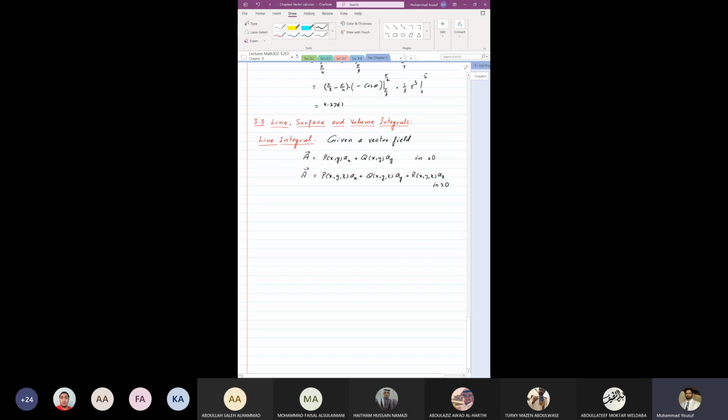And then given a vector field and a curve. Let us say the curve is L. Now this curve L can be in 2D. It can be in 3D.